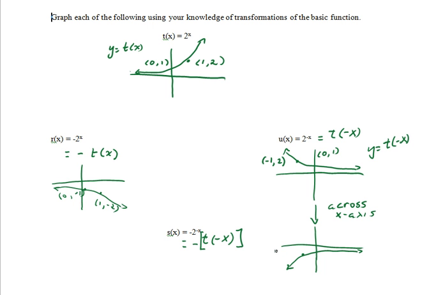So it'll be negative 1, negative 2, and 0, negative 1.